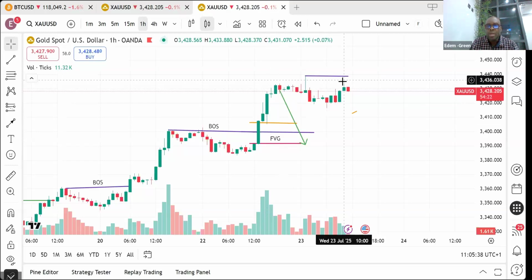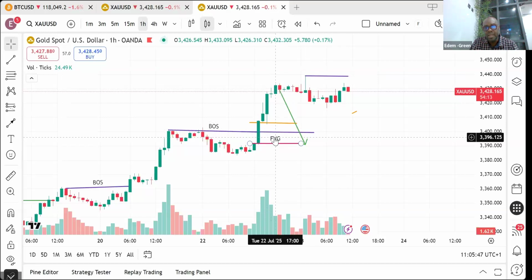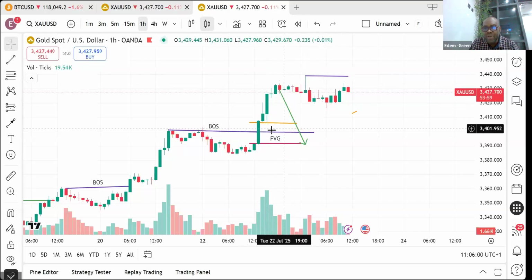So if it kisses it, enters, and even stops at 50% but does not break below 50%, that means it is valid. But where price comes, kisses it, tests it, and continues going, you don't have hope on this fair value gap again. That is to say, it has invalidated it. I hope it is clear now.